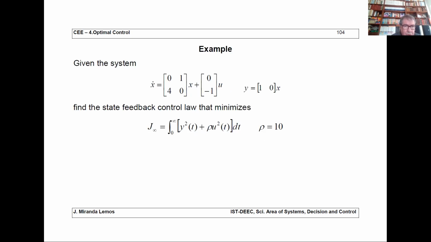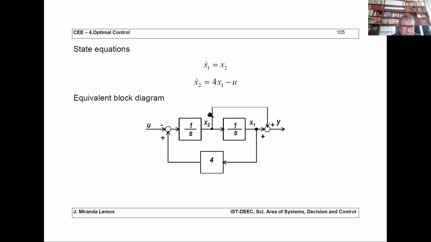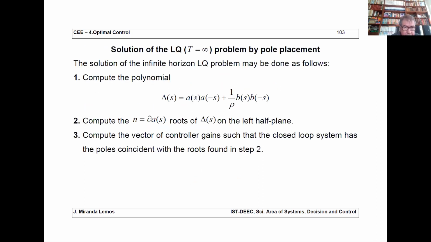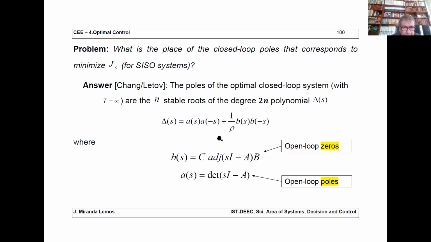Now, you have to compute the transfer function. The transfer function, well, I won't go through all the details, but one possibility is to manipulate the equations. Another possibility is to apply the Laplace transform and solve for y as a function of u, eliminating x1 and x2, or which is equivalent to applying these formulas.